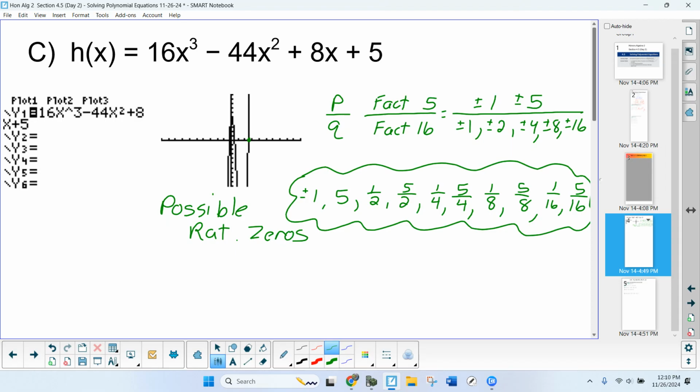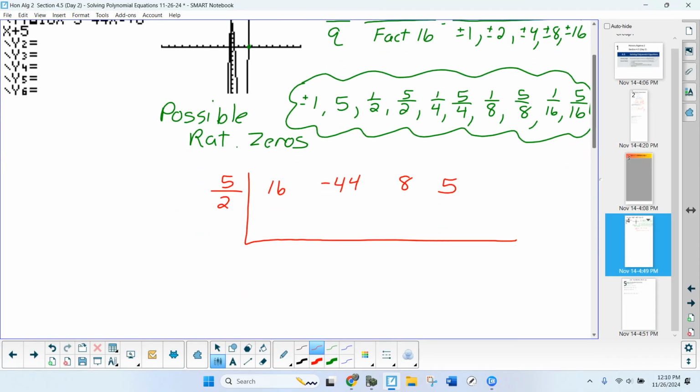Do you guys think it could be 5 halves? Yeah. Do you want to try 5 halves? Okay, how do we test 5 halves? Synthetic division. Okay, so let's use synthetic division. What am I going to put on the inside? 16, negative 44, 8, and 5.